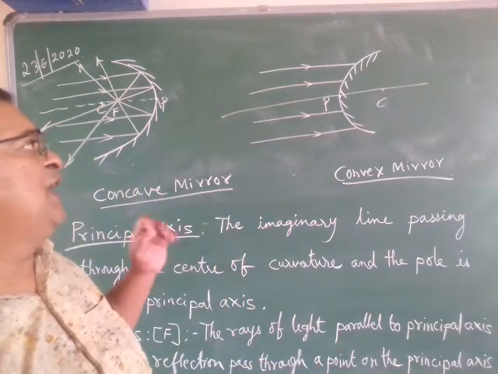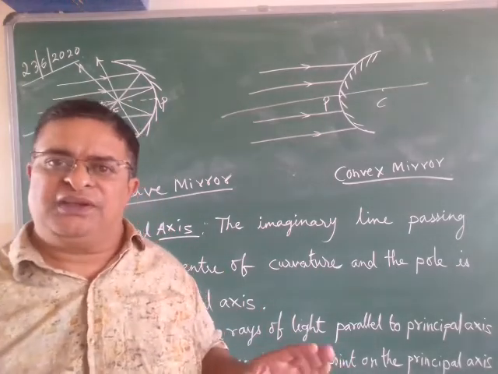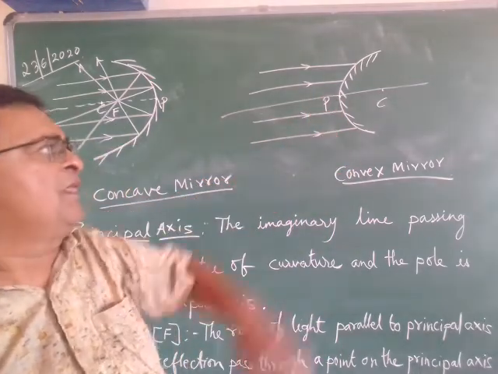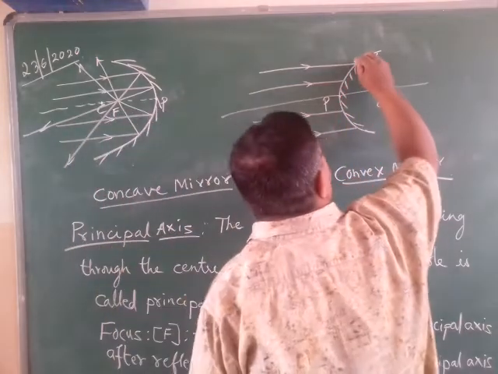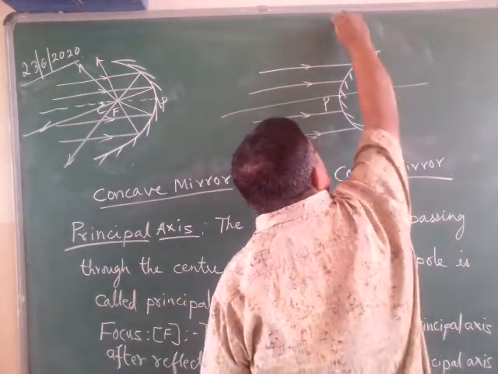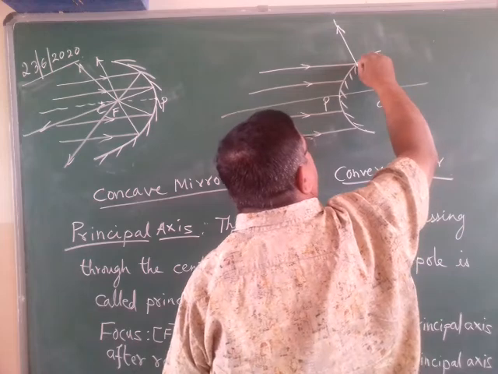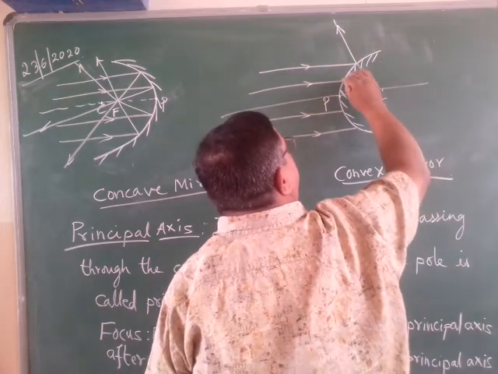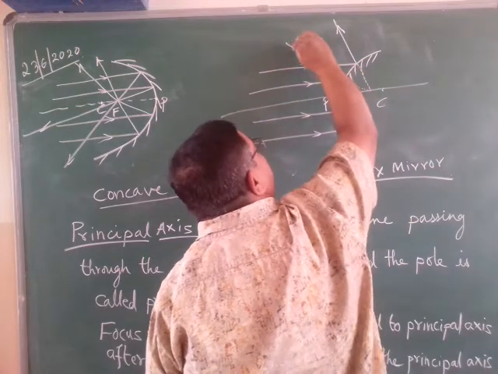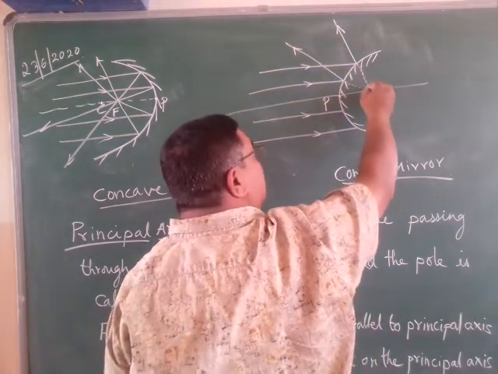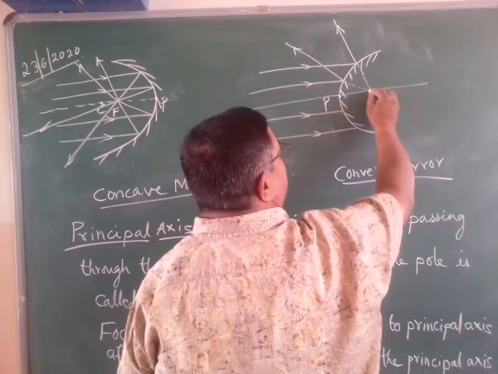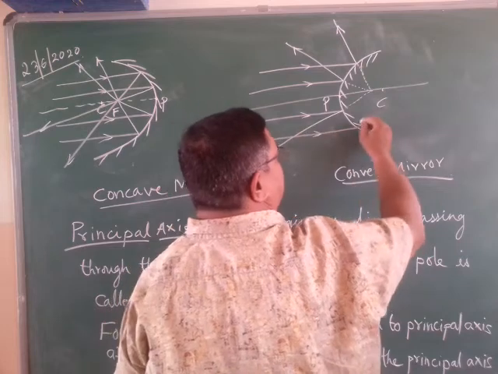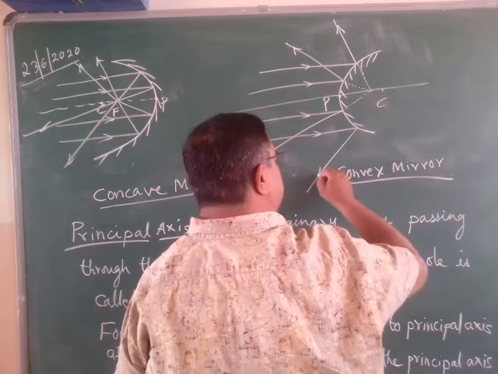These 4 rays are incident on this convex mirror, and they get reflected away like this. If you produce them back, they come here.